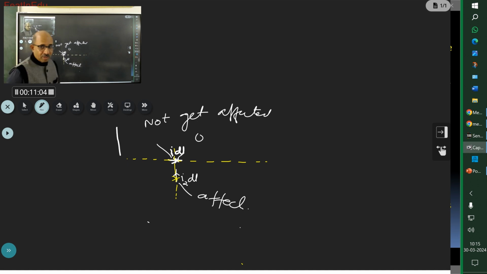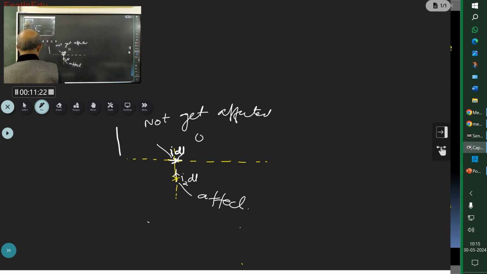So second law will measure the force. It tells you if the net force is not 0, then it will result in acceleration, and this acceleration is directly proportional to the force acting and inversely proportional to the inertial mass.